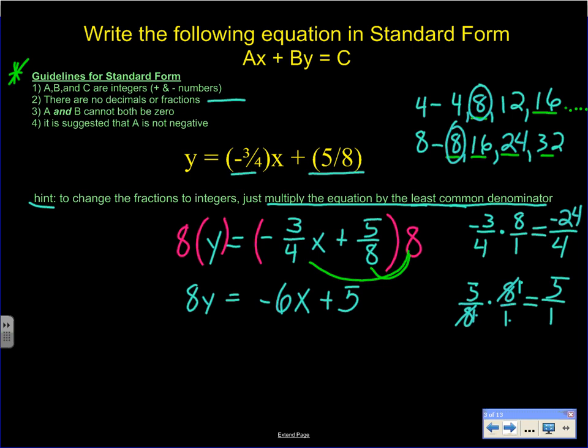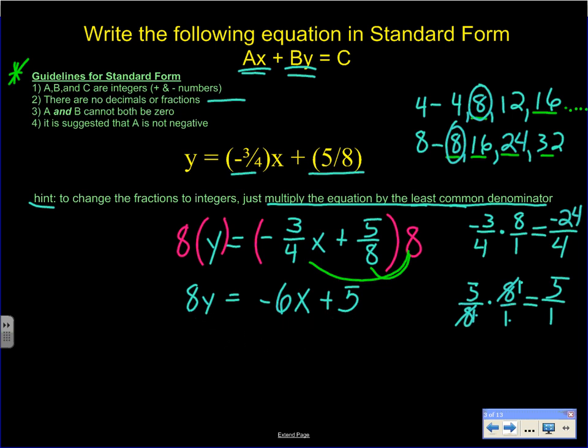So now our next step is to get x and y, looking up here at the top, on one side of the equal sign, all by itself. And right now we have y on the left side and x on the right side of the equal sign. So we're going to try and get that 5 all by itself.